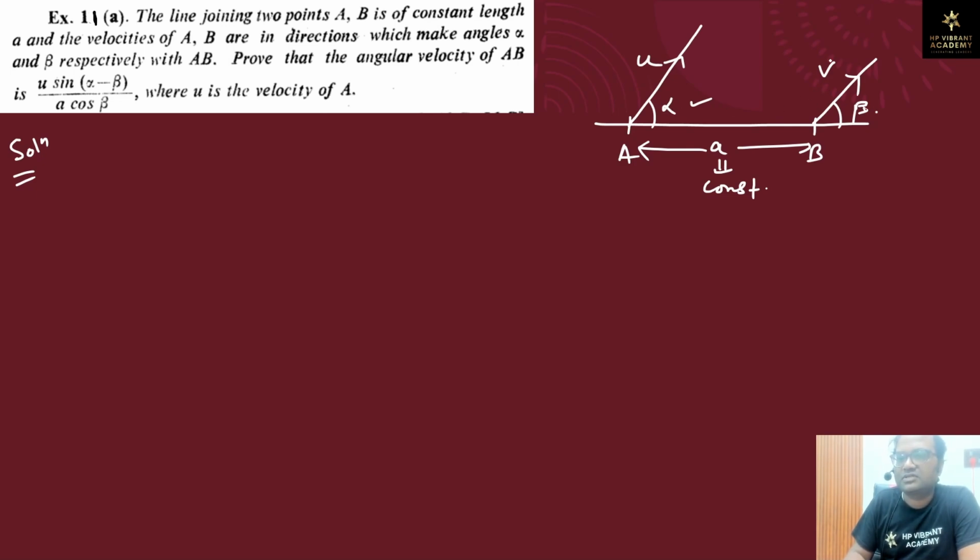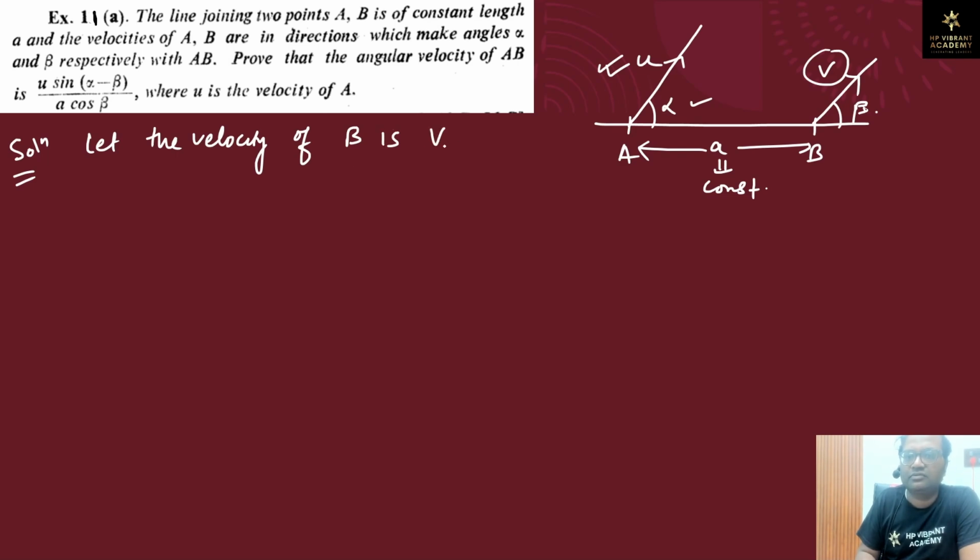In the question, the velocity of A is given as U, and let us assume that the velocity of B is V, at an angle of beta with the horizontal.